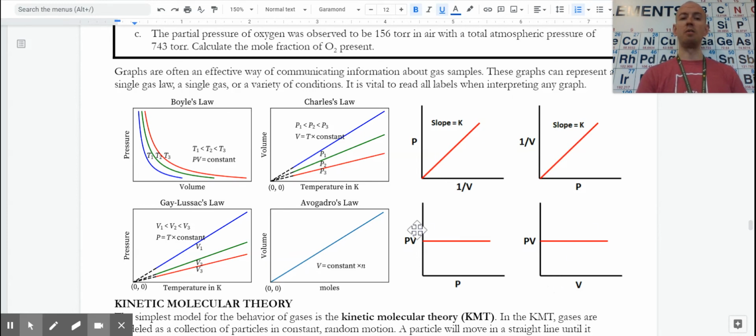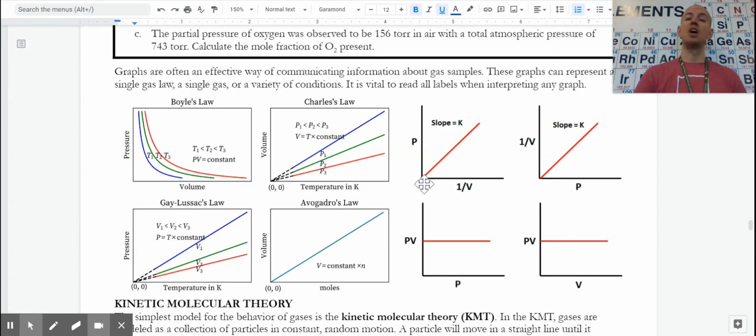The other thing to note is that we can take these same graphs and linearize them in different ways. You're not always presented with the data in the way that you are used to. For an inverse relationship, for example, we could do pressure times the inverse of volume, or we could even do volume with the inverse of pressure.